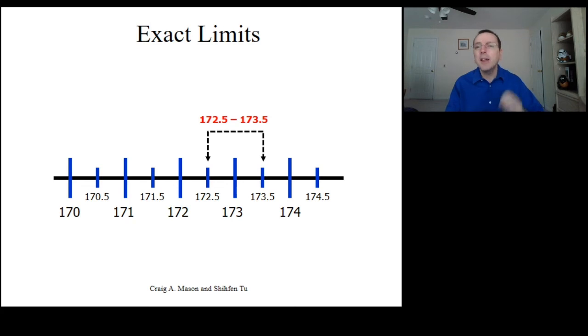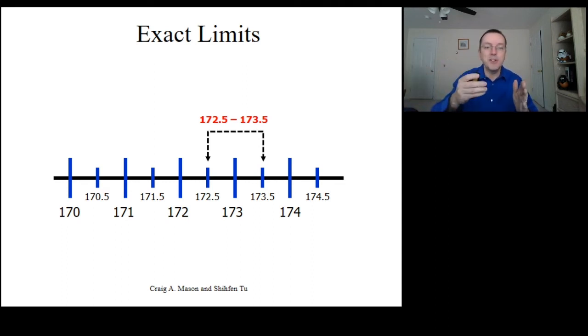Because we're talking about continuous variables, you can just think of that cutoff for the exact limit at 172.5 as being infinitely thin. If a measurement looks like it's 172.5, you just keep going further and further beyond the decimal place.